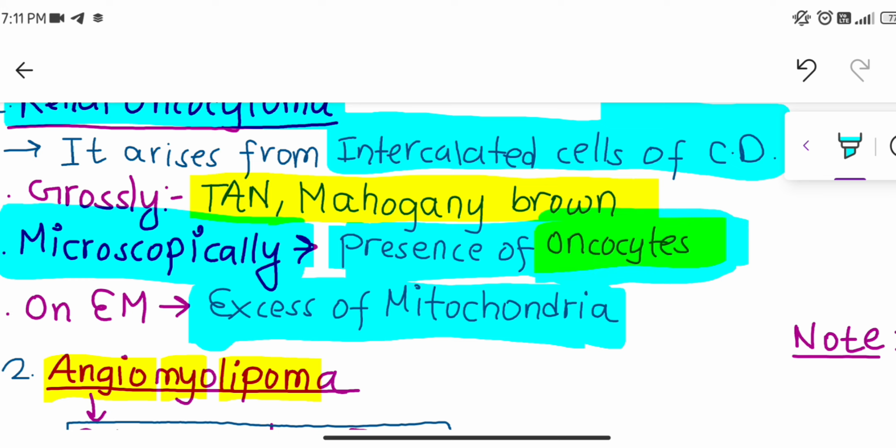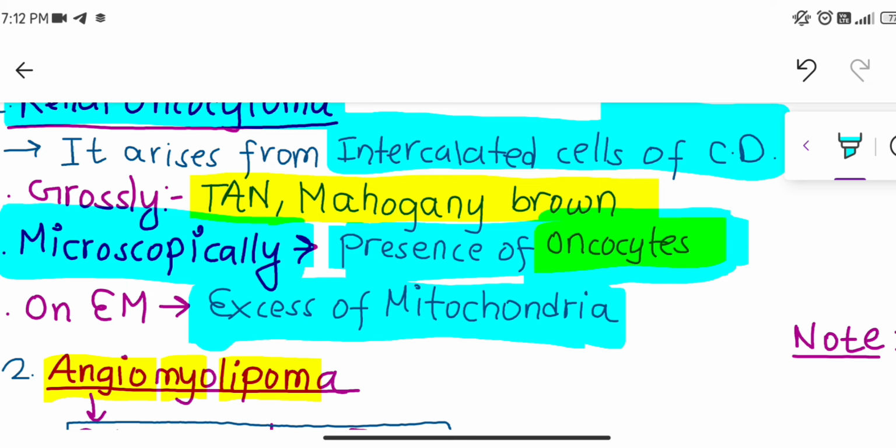Oncocytes are not a characteristic feature, as they are also found in other diseases, like Hashimoto's thyroiditis. So oncocytes are cells having abundant eosinophilic granular cytoplasm.